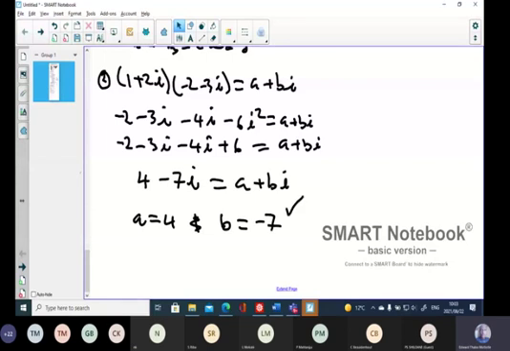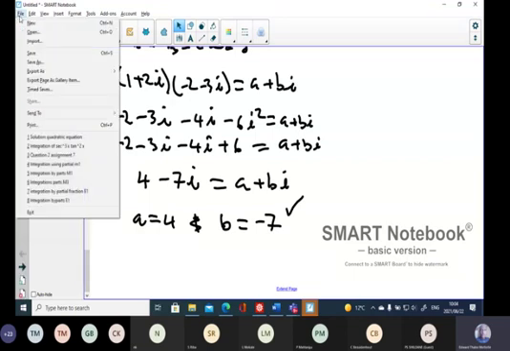So this is basically how the equality of complex numbers helps us solve these equations.